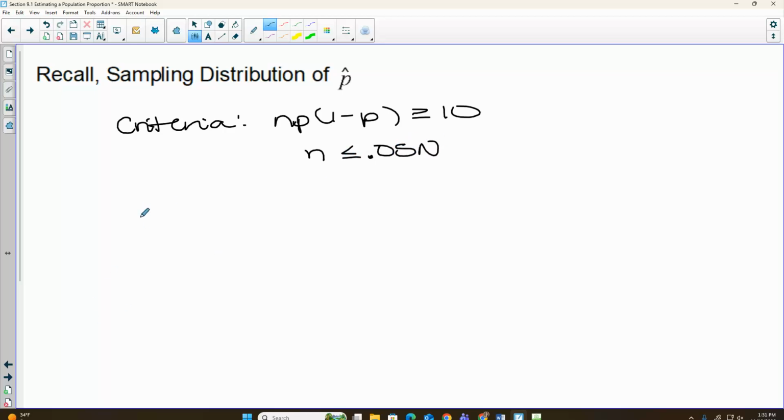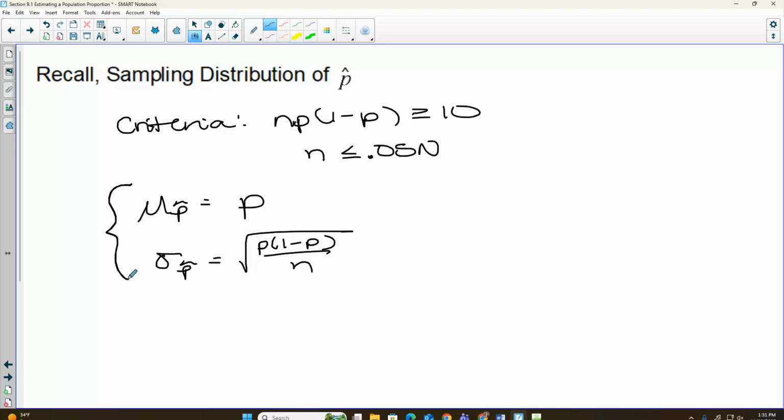What is the mean for p-hat? And what's the standard deviation for p-hat? The square root of p times 1 minus p over n. Right. Okay. Remember, this stuff's on your formula sheet. The criteria is really the only thing you have to memorize there.